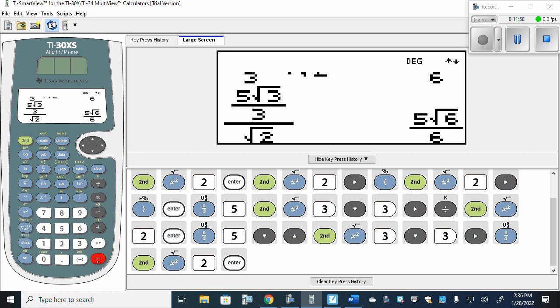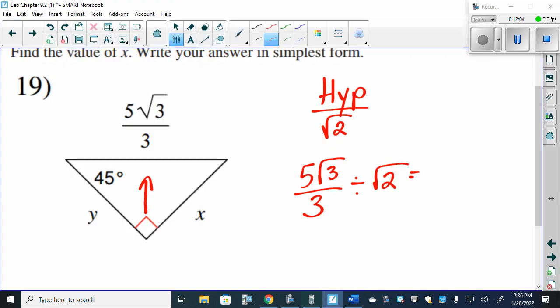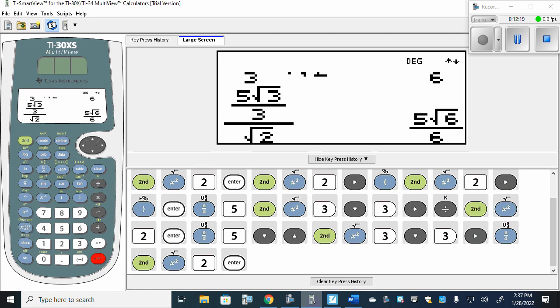Yep. Five square root of 6 over 6. This one? This here?